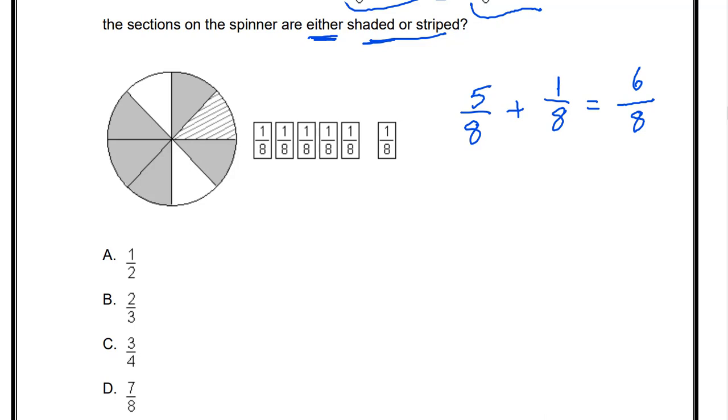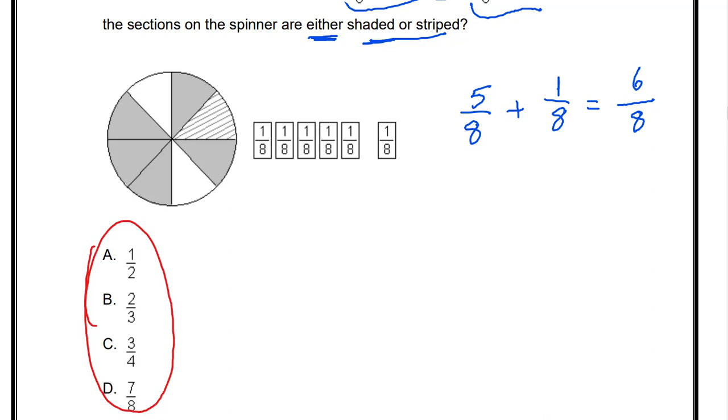And now if you find it, we can simplify. 6 by 2 equals 3.